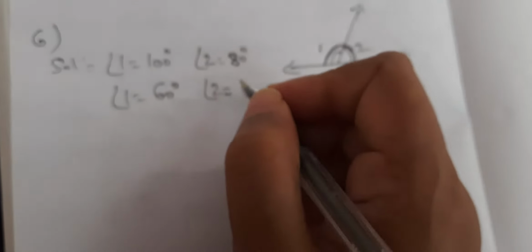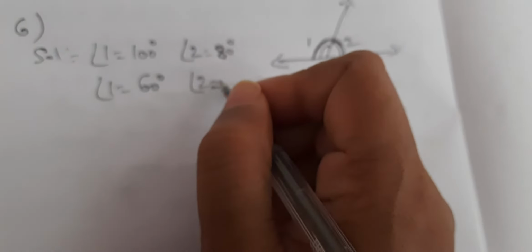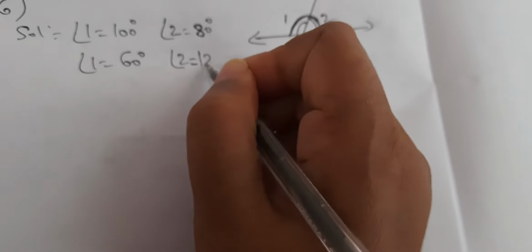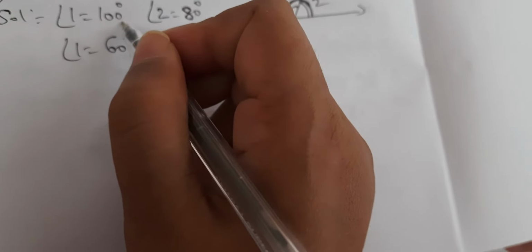Then angle 2, when angle 1 is 60 and earlier angle 2 was 80, here I have to increase the number. Because why? Now I have taken only angle 1 is equal to 60 degrees, and when we add, we have to get 180. So now I am taking 120. You see, when angle 1 is 100, I have taken angle 2 is equal to 80.